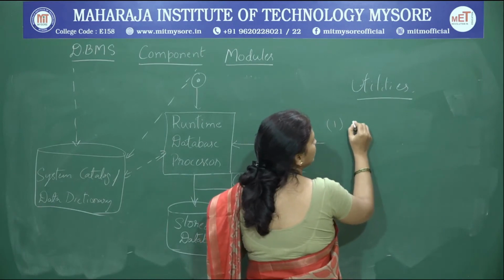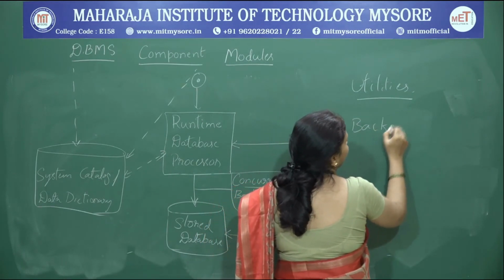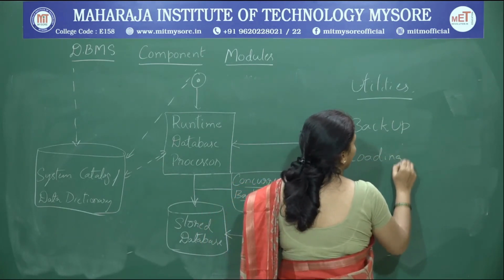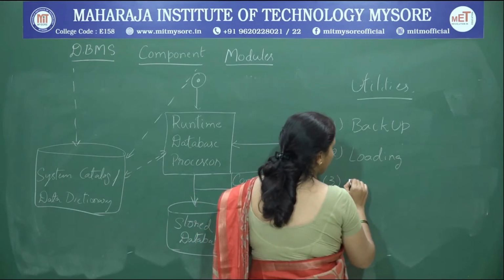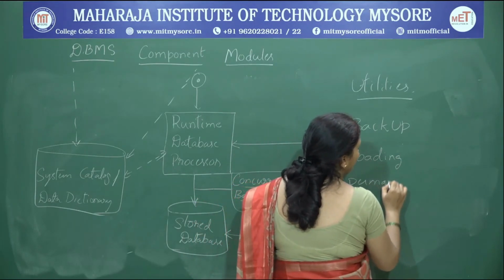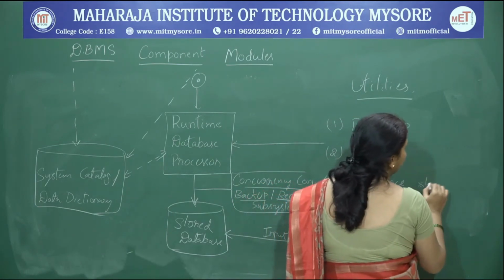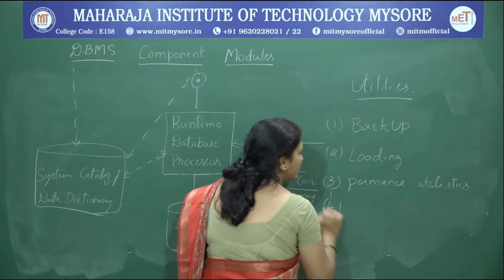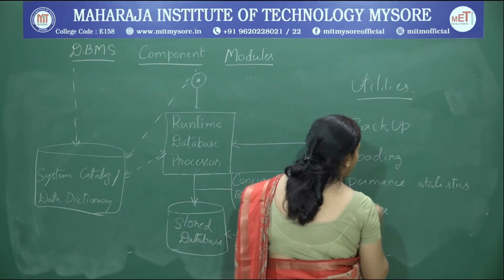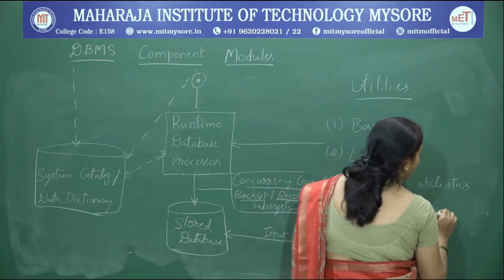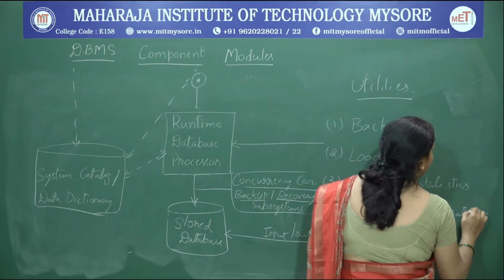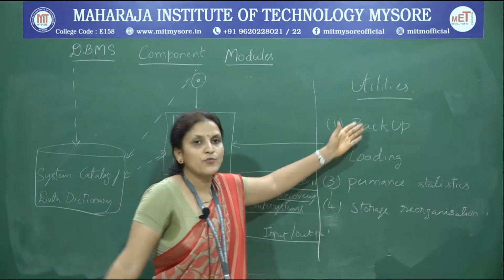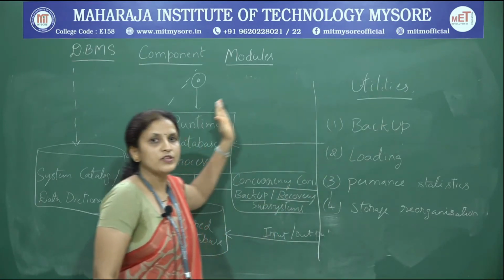The very first one is backup, second one is file loading, third one is performance statistics, fourth one is storage reorganization. Okay. Here we are listing 4 utilities which are provided in the database management system along with these components.